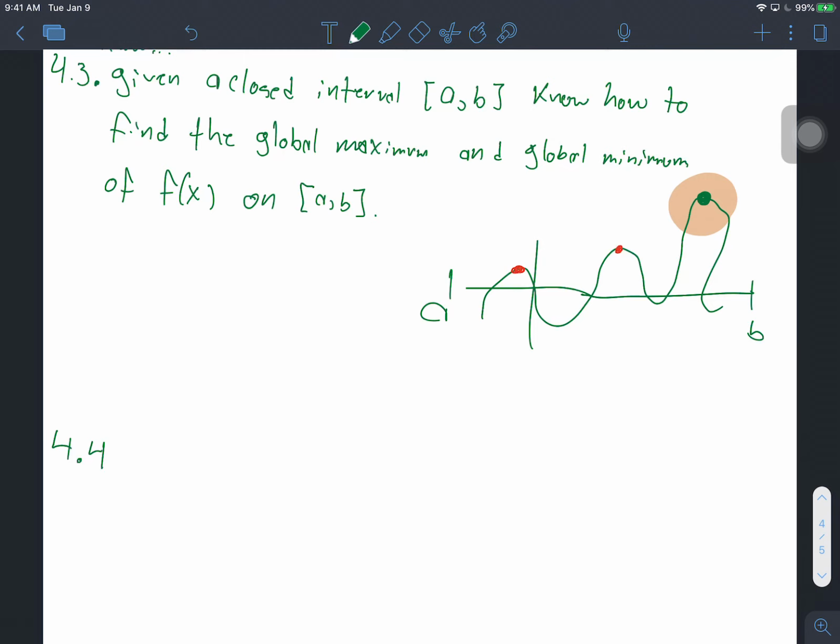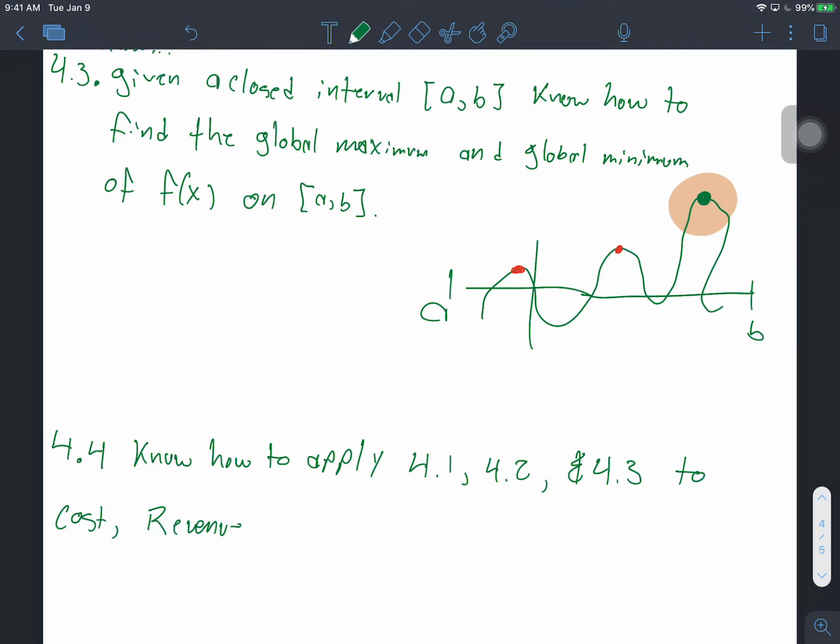For 4.4, know how to apply 4.1, 4.2, and 4.3 to cost, revenue, and profit functions.